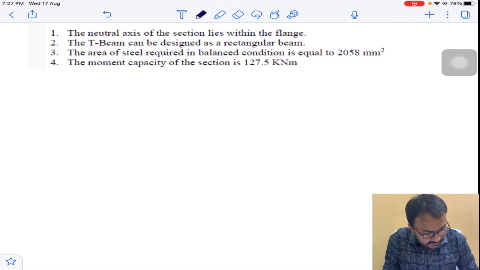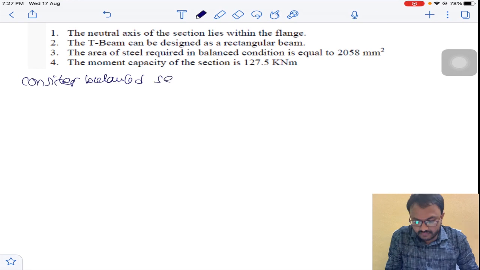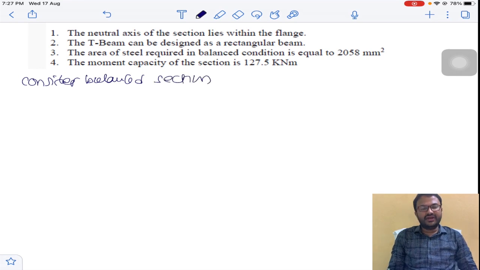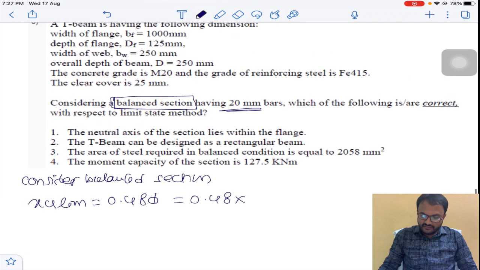So first of all, as he has considered a balanced section, as we are considering the T-beam as a balanced section and the given steel is Fe415 steel, XU limiting is equal to 0.48 D, that is 0.48 into, from the given data, D is equal to 250 minus clear cover 25 minus 10.